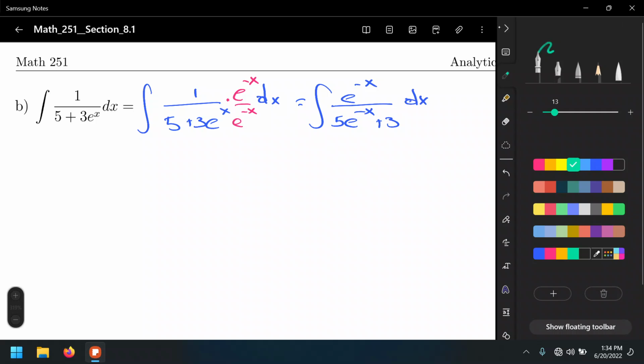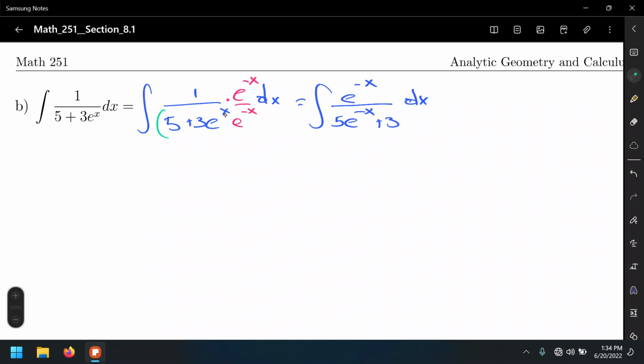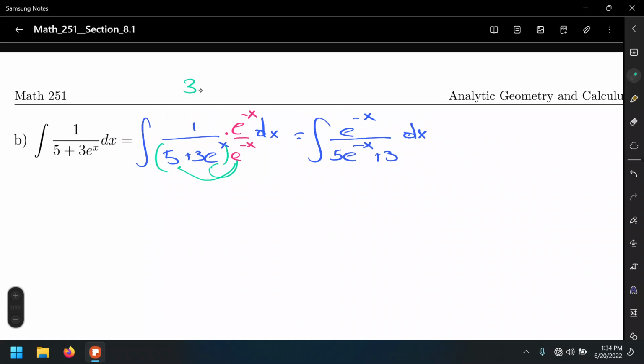All right, so what happened here? Well, let me show a few more details. Multiply, distribute, but over here in particular, 3e to the x times e to the negative x. Well, that's 3e to the x minus x, which is 3e to the 0, which is 3 times 1, which is just 3. All right, so that's one way to see it.